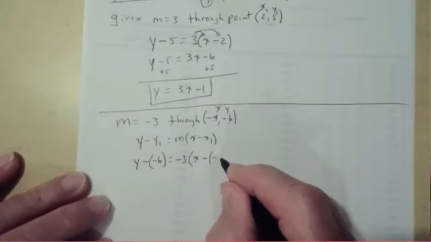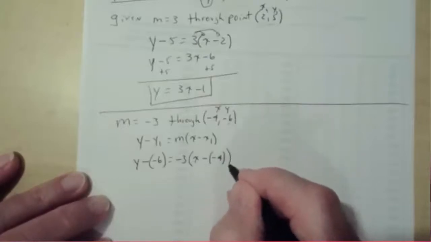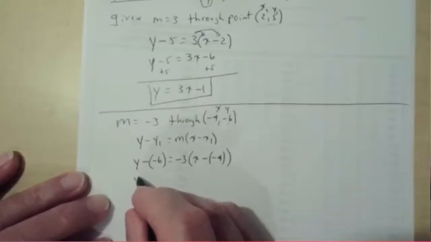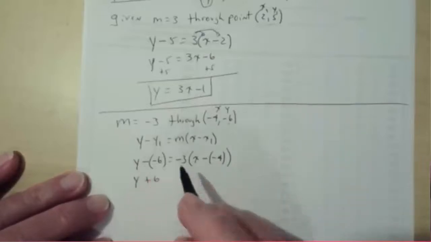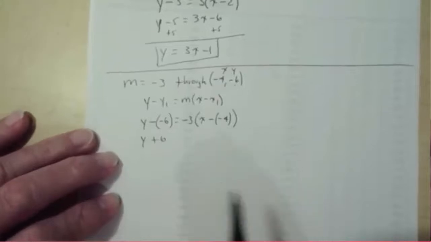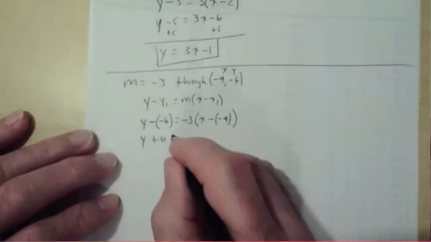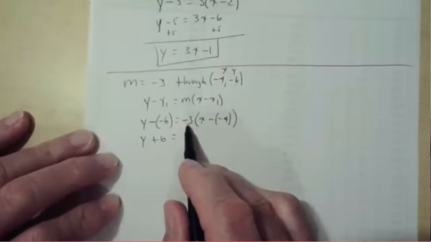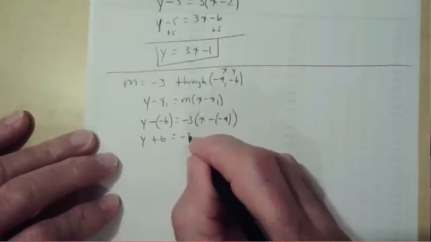So we have y plus 6, minus a minus is a plus, equals, let me do this, negative 3 open x plus 4. Minus a minus is a plus.